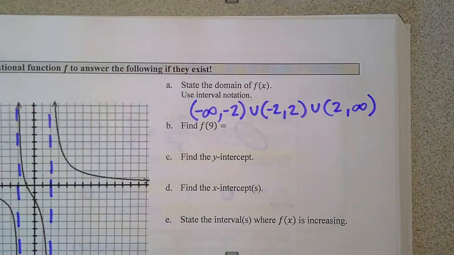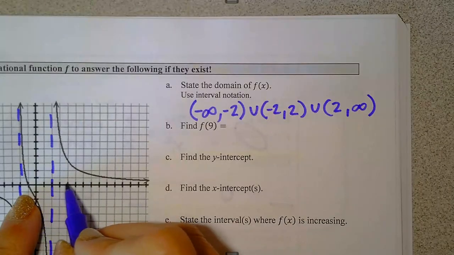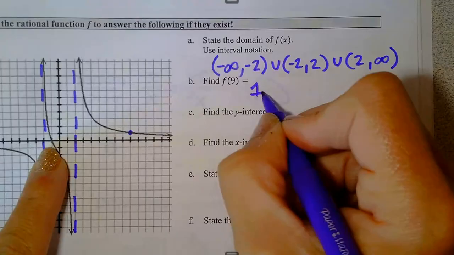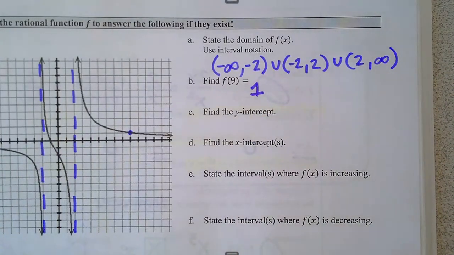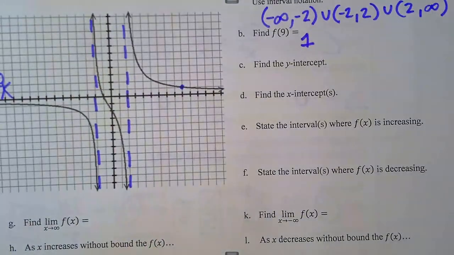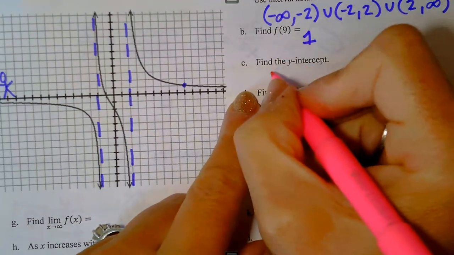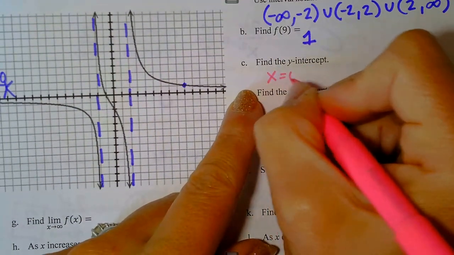Find f of 9. You got a 1? Yeah. 1, 2, 3, 4, 5, 6, 7, 8, 9. Go up. Perfect, 1. Okay, so finding the y-intercept is easy on a graph, isn't it? But what essentially does that mean? You want x to be 0.